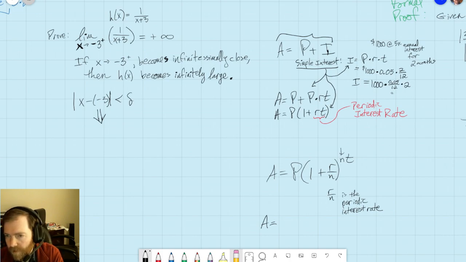So this here is 0.00833, etc. This is a 0.83 repeated percent interest rate every 2 months.